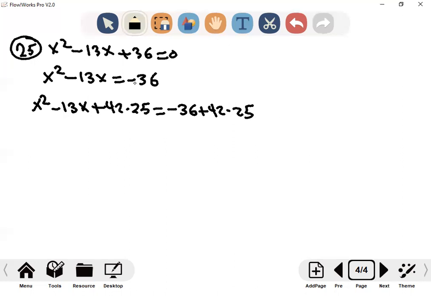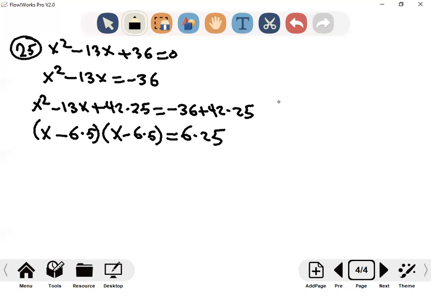Now here, x minus the half of 13, 6.5, with x minus the half of 13, 6.5. Why minus? Because we have minus plus, remember? And here, add them or subtract, whatever. It will be positive 6.25.